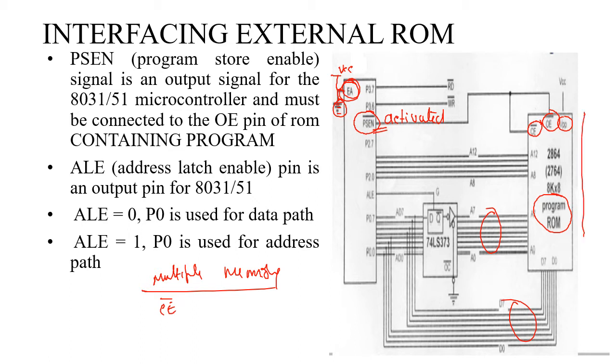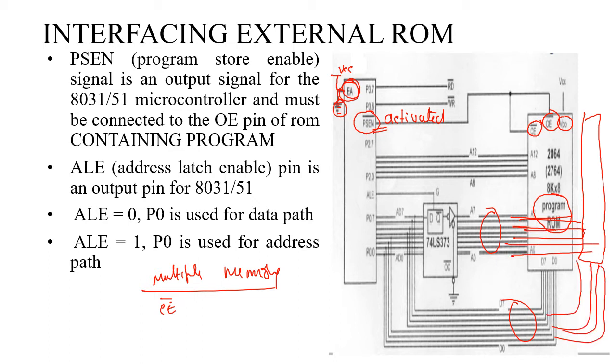When we have multiple memories, the same lines that get connected to the program ROM will be connected to the other memory as well. In that case, there should be one pin that decides which of the memory is being selected at that particular moment to transfer the data. So in such cases, the chip enable pins play a major role.